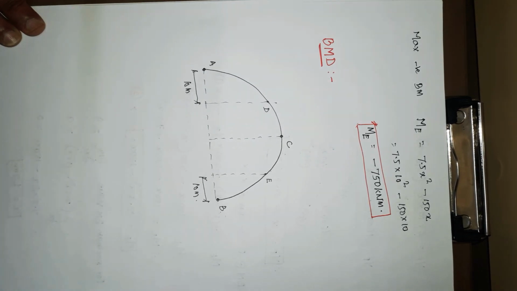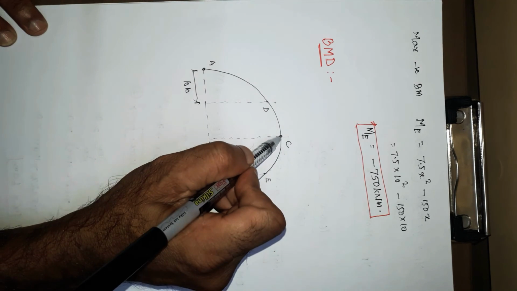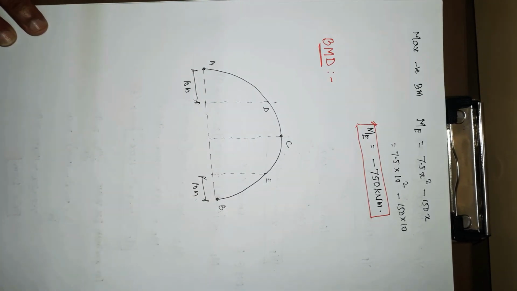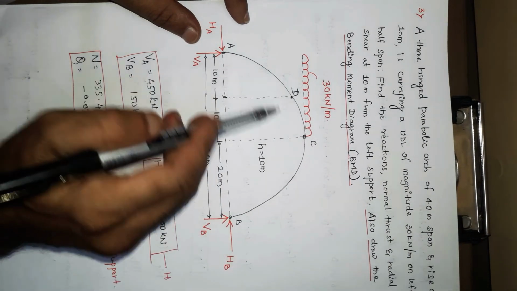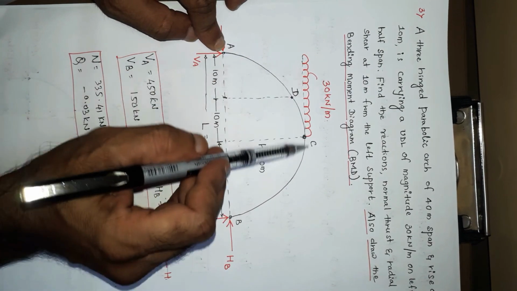Now how to draw the bending moment? As we know, the bending moment at A is 0, at C is 0, and at B is 0. And one more thing, you can see the sketch. From support A to C, there is a UDL.